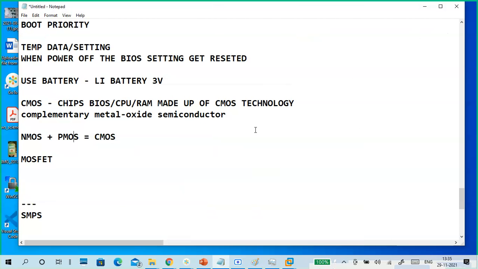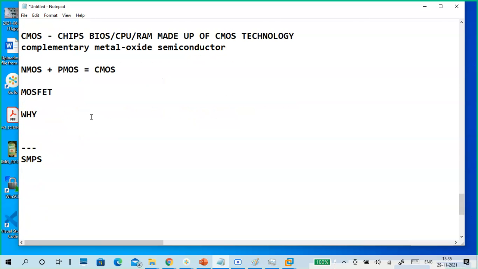It is used to build chips. If you want to build a chip, we need CMOS technology. And why is the BIOS battery called a CMOS battery?